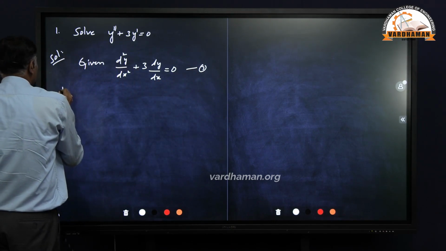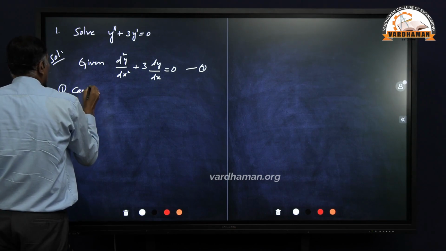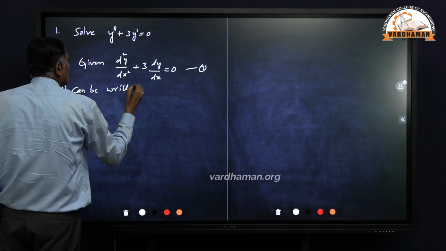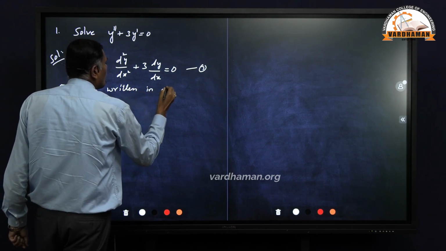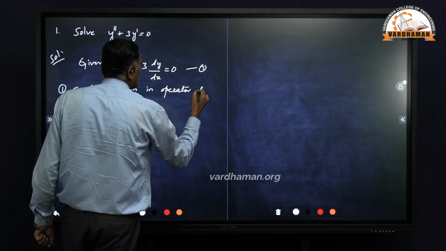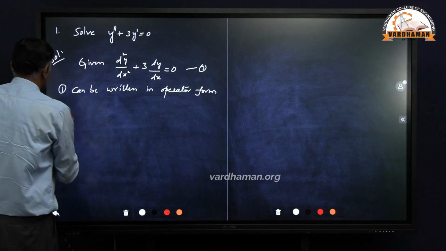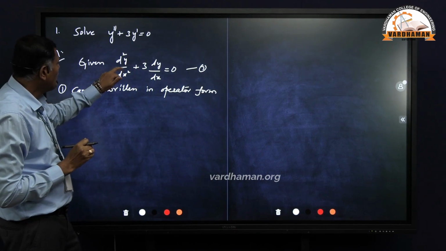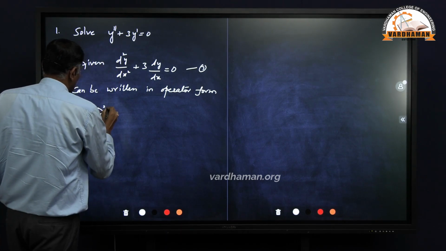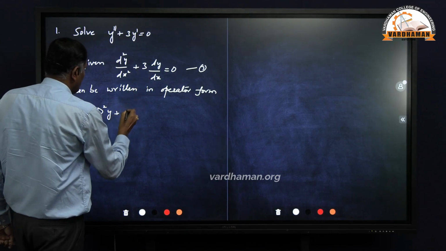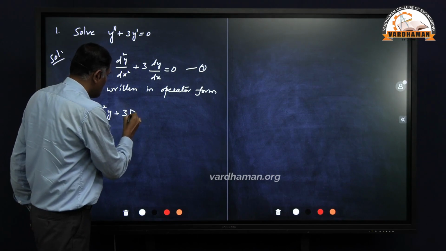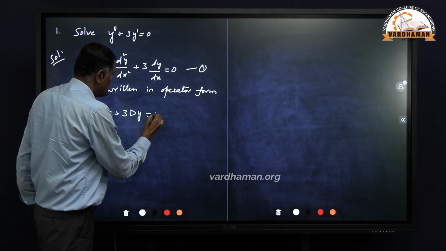Now this can be written in operator form like this. Here in place of d square by dx square we write capital D square, plus 3 times, in place of d by dx we write capital D, into y equals to 0.